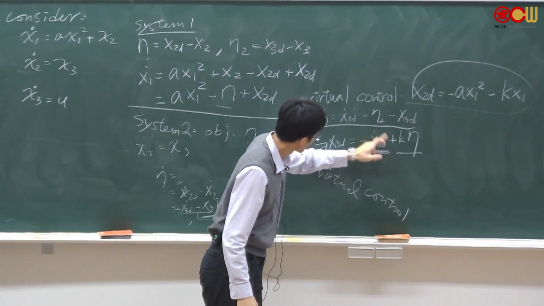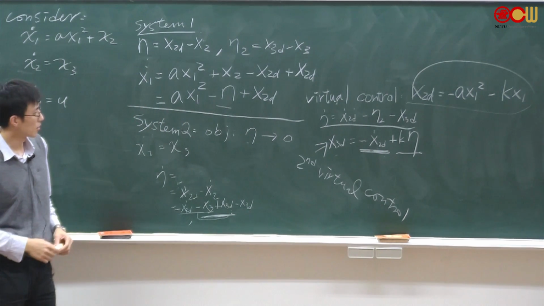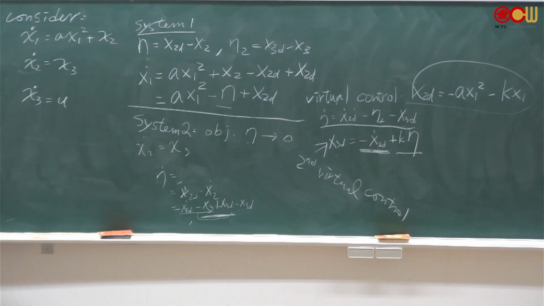And this is the time derivative of first virtual control input. It's a bit more complicated. And then we can get to the third system to design the physical control input. The third order system will be more complicated when you implement a controller because it requires several time derivatives on the virtual control input.